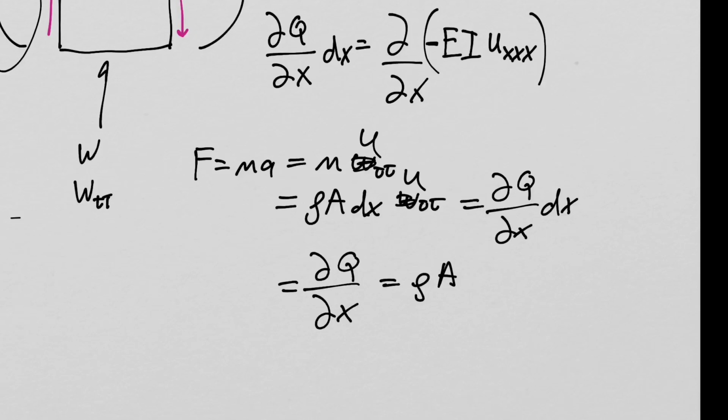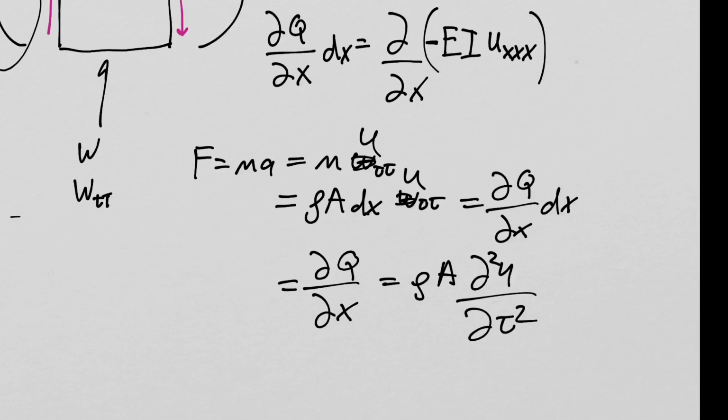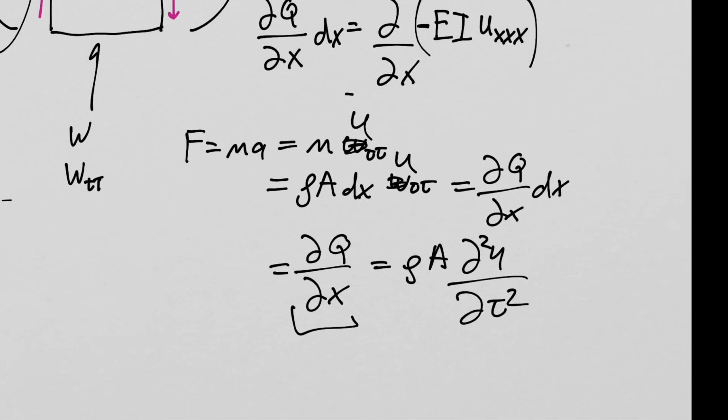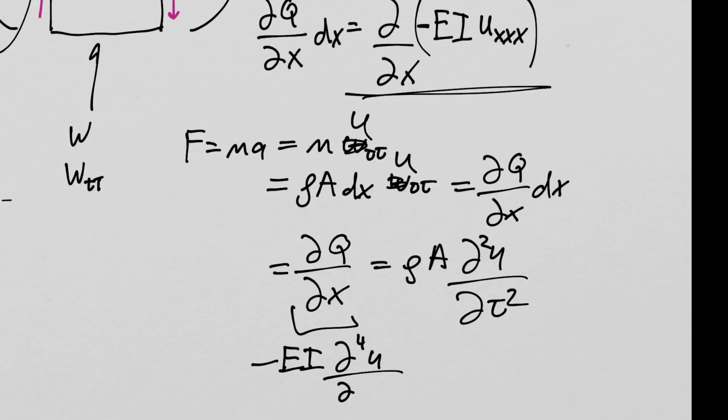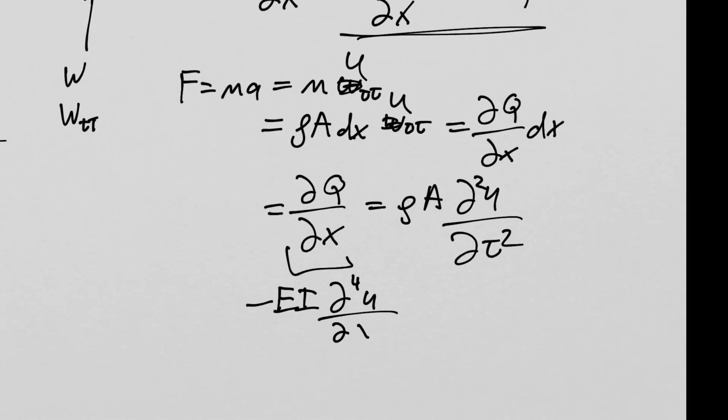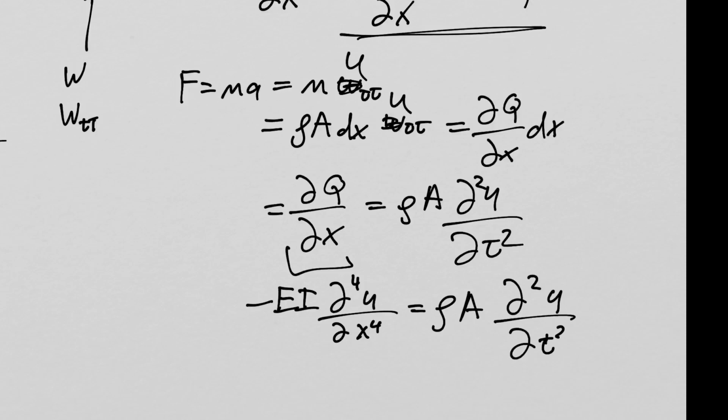This is u. We're always doing everything in terms of u. U_tt, so it's partial squared u partial t squared. But this guy, we now know from here, is going to be minus EI partial to the fourth u partial x to the fourth equals rho times the cross section times partial squared u partial t squared, where I'm going back into this partial notation.